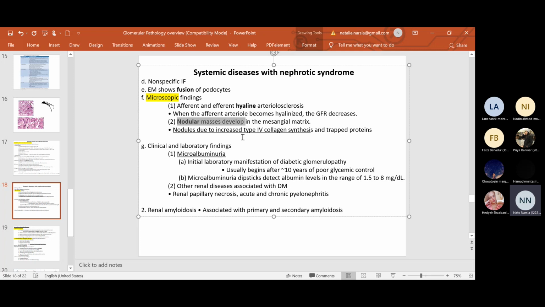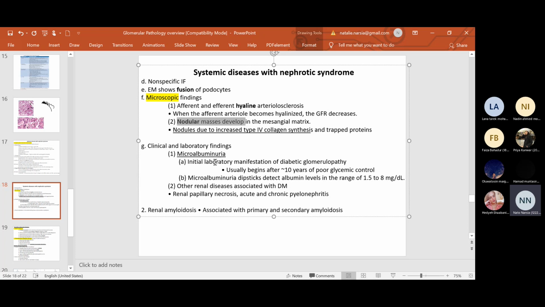It damages this basement membrane as well, and these proteins actually accumulate there and form nodules on the basement membrane. Clinical laboratory finding: microalbuminuria. Why? Because of hyaline arteriolosclerosis, you have narrowing of this blood vessel, which increases pressure in the glomeruli, and it will lead to hyperfiltration.